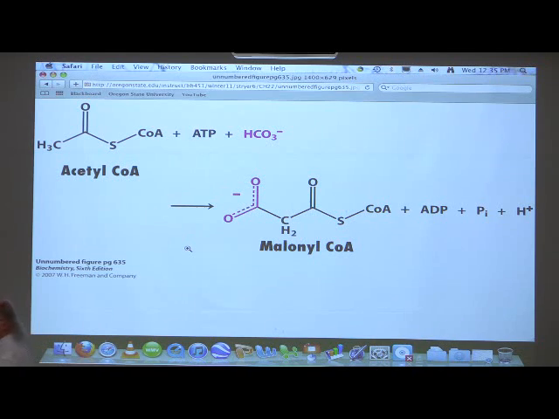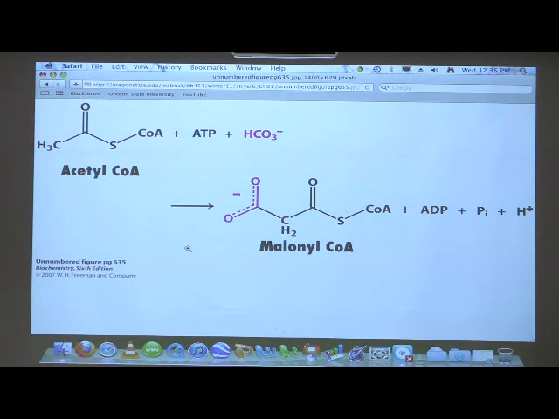That malonyl-CoA is an essential step in that process because that's the 3-carbon intermediate that's necessary. But this conversion occurs on CoA. That's why we call the enzyme that does this acetyl-CoA carboxylase. It puts an extra carbon onto an acetyl-CoA.